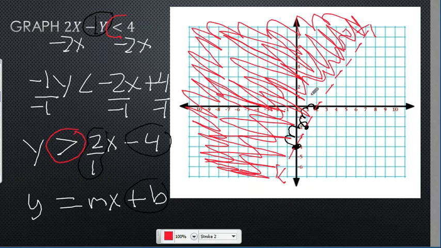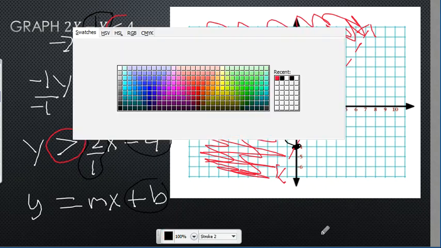Okay, now this whole area that I have shaded in right here, this is our solution area. So what that means is that we could pick any point within this solution area and it will make our inequality statement true. So let's go ahead and just try it. I'm just going to pick a random point here.